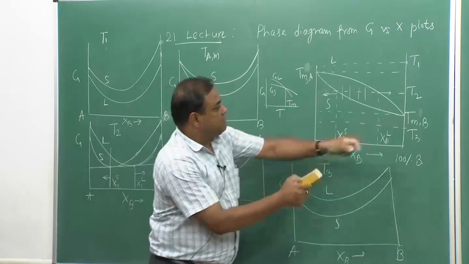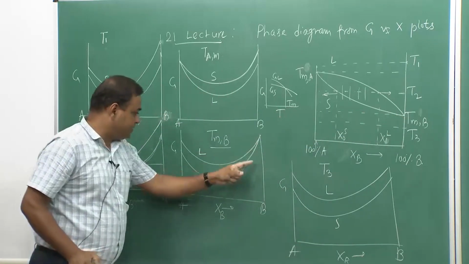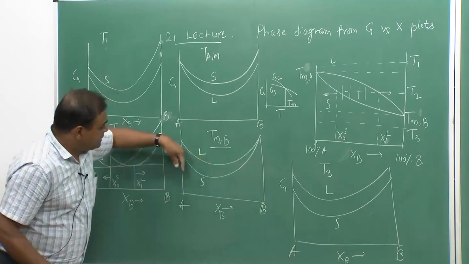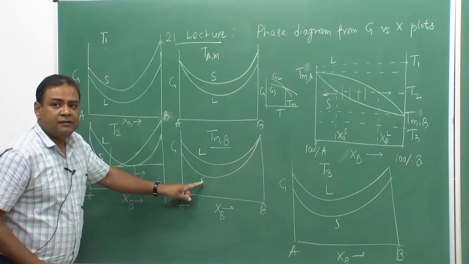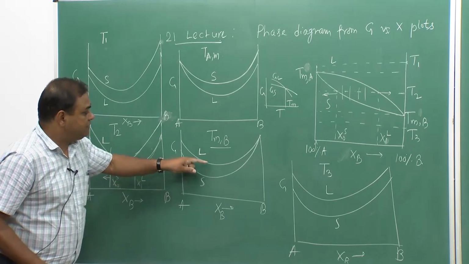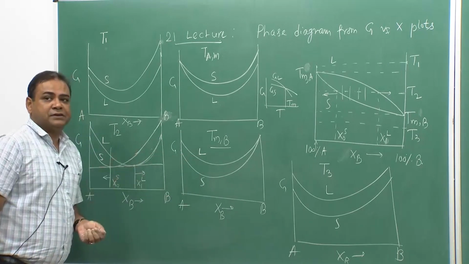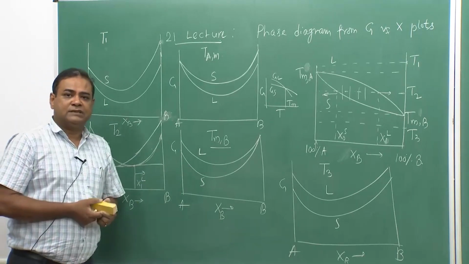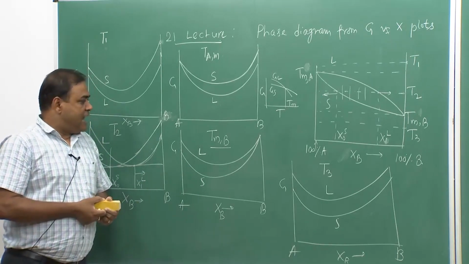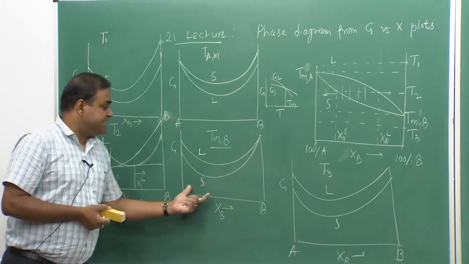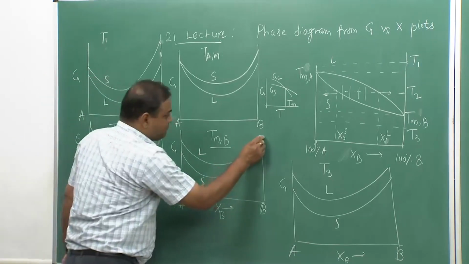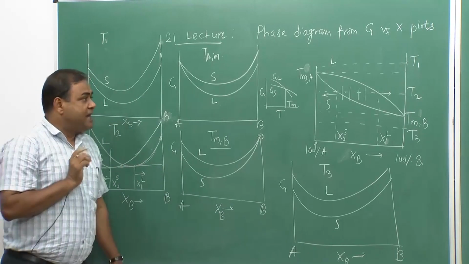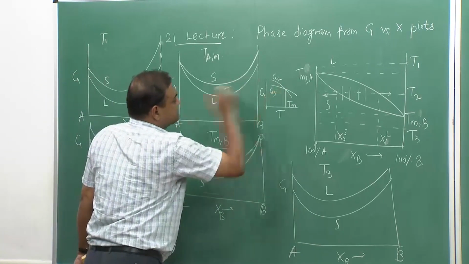TMB, this particular temperature, we find the situation becomes like this, where everywhere the solid free energy curve is below the liquid free energy curve. So the solid would be stable over the entire composition range, but at this point, which is 100% B, these two lines are cutting and the same situation is taking place.